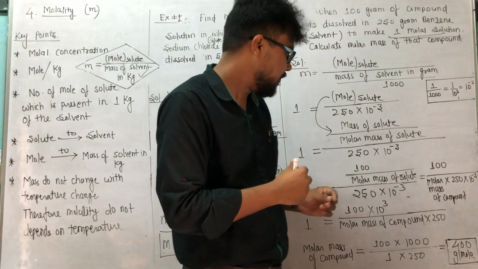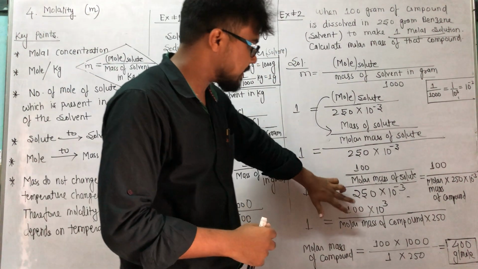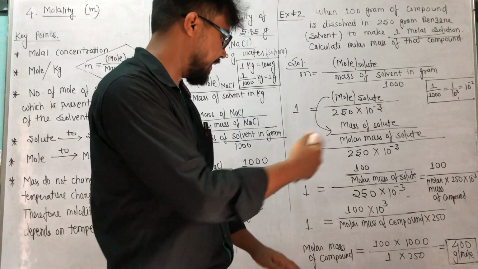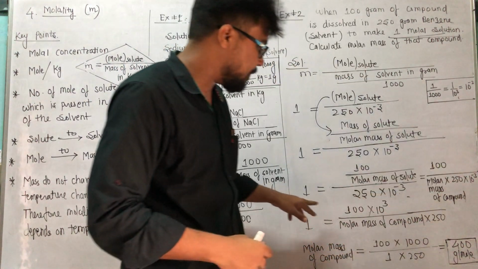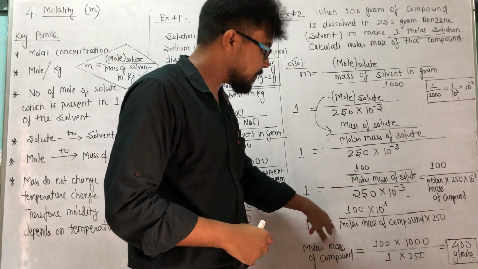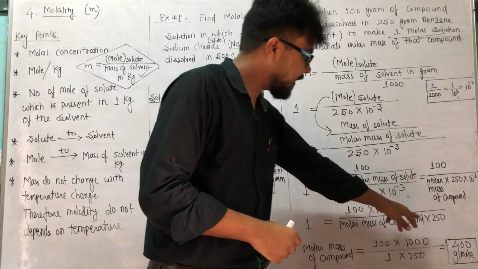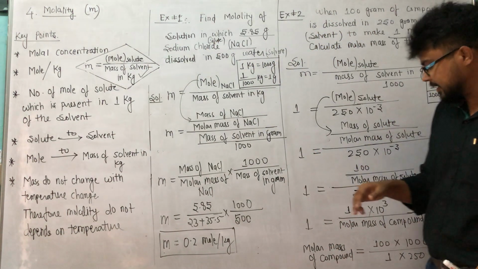I think it is clear to you. See, same thing we did. Correct? Just we move this step upside. Now again, when we shift this 10 to the power minus 3 to upside, it will be 100 into 10 to the power 3. Molar mass of compound we have to calculate, and further it is multiplied by 250. Correct now? It is very common and you can easily use.